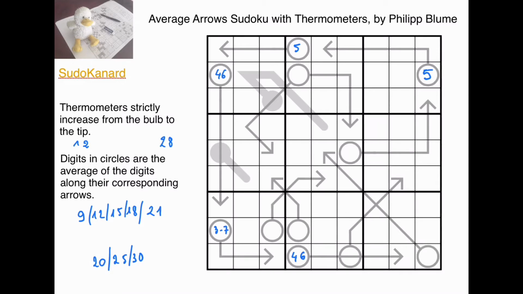And now let's have a look at how they can work together. 20 with 21 would make this a 4 and this a 4 as well. So 20, 29, that's a no. 20 and 18 would make this a 7. That would work.